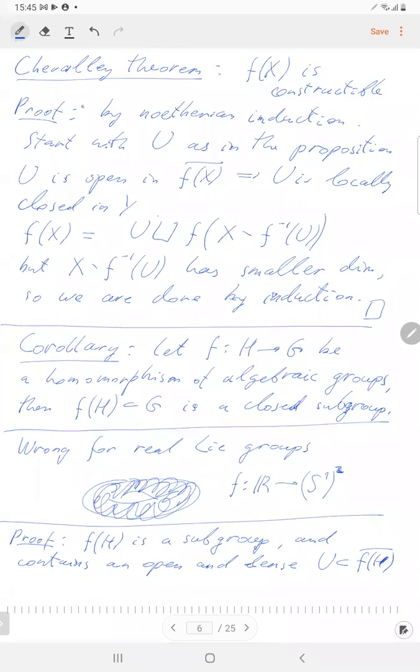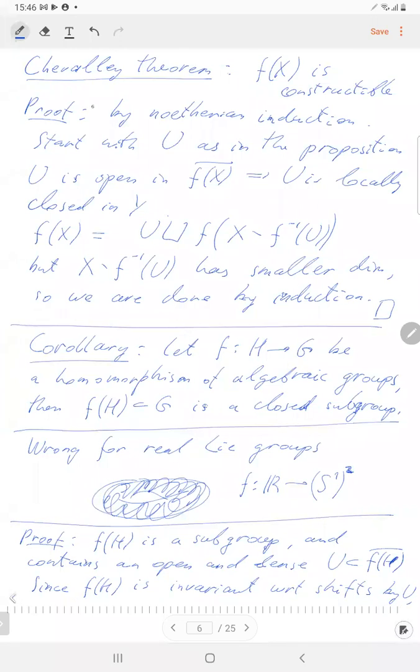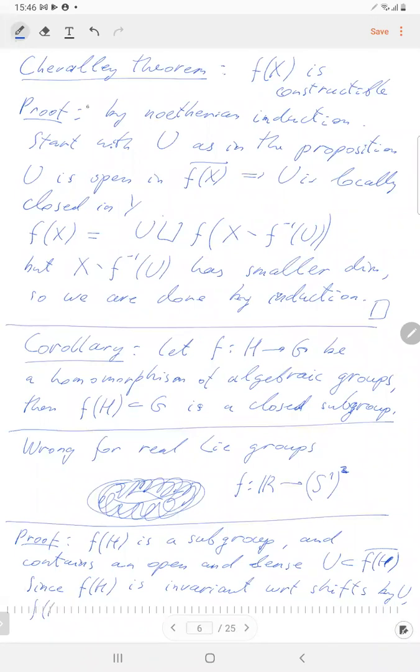And now you know that certainly f of H is invariant by the shifts by this U, because U is contained in f of H. So since f of H is invariant with respect to shifts by U, you know that f of H is open in its closure.